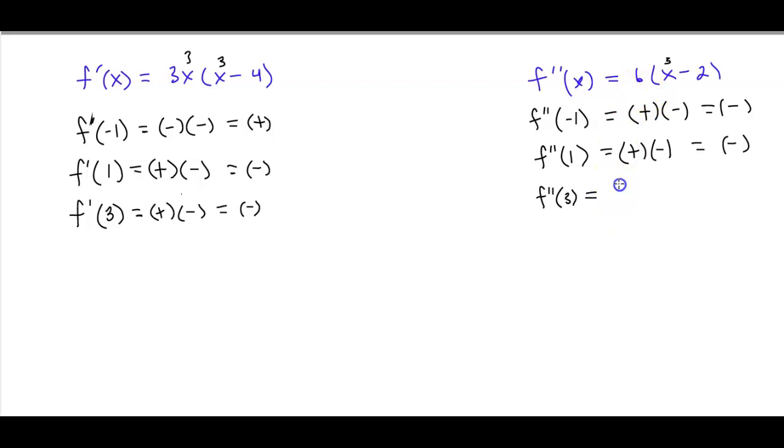Next, I have a positive number times 3 minus 2. That is a positive number. So now this finally changes to positive. And then I have one more to do. First derivative evaluated at 5. Get rid of this and write 5s in place.